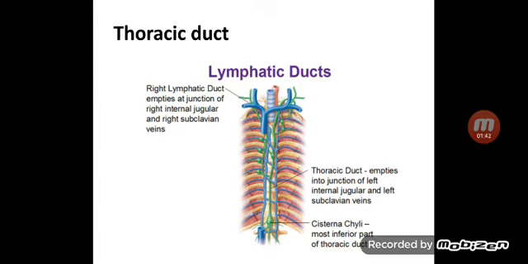Then it runs upward and enters the root of the neck. Here in this region, it bends laterally behind the carotid sheath and just in front of the vertebral vessels. So, it crosses the subclavian artery to enter the left brachiocephalic vein.